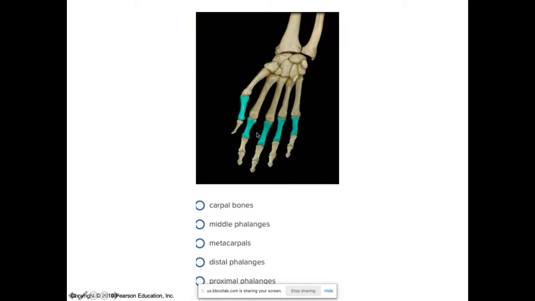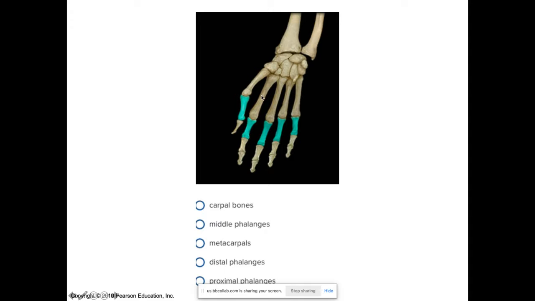So the phalanges are the ends, but there's a proximal, middle, and distal phalange of digits 2, 3, 4, and 5. The thumb only has a proximal and a distal phalange. There is no middle phalange of the thumb. A lot of students confuse that. So metacarpals are here.